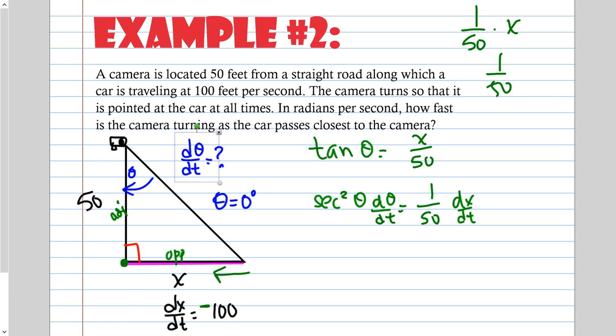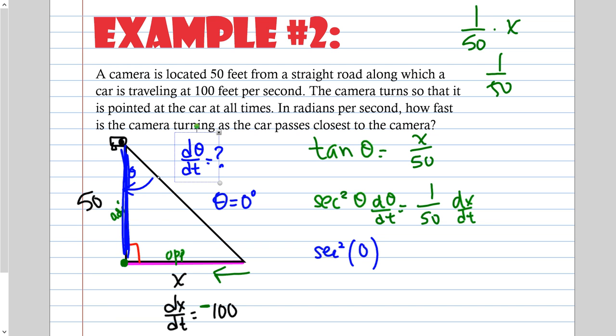Okay, plug in what you got. So secant squared of theta. Theta, we discussed, is 0 because this angle is basically closing itself in order to be right on this line, which is where the car is going to be the closest. So when it passes this line, the angle's closed.